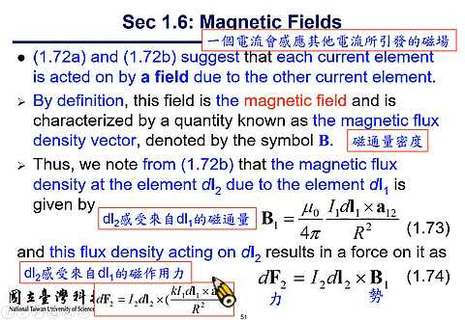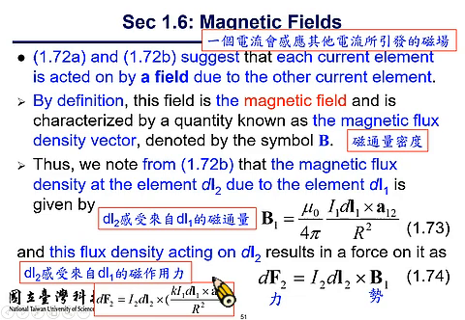And of course, the constant K is replaced with mu sub 0 over 4 pi. Mu sub 0 suggests that this current section is located in free space, in vacuum. Based on the equation of Ampere's first law, we can derive the definition of magnetic flux density B, and it's in this formation.